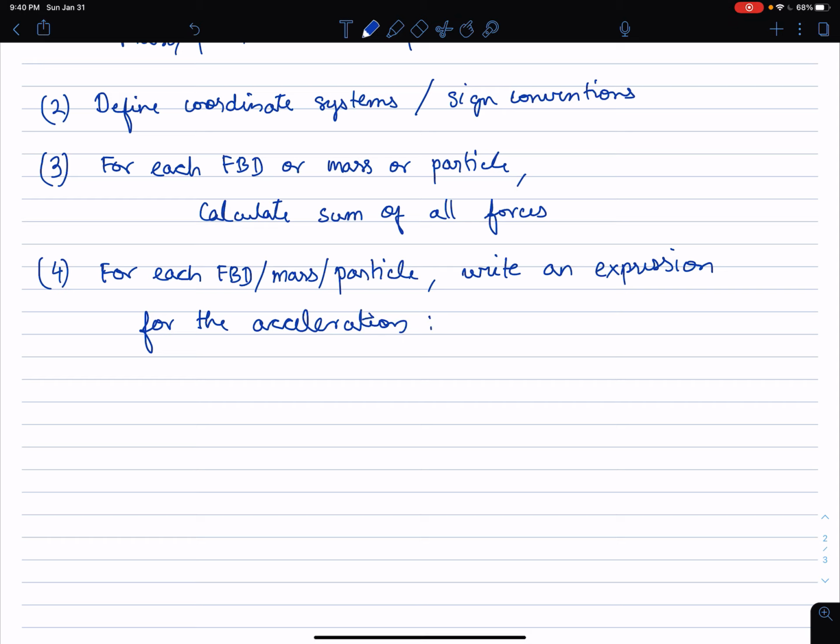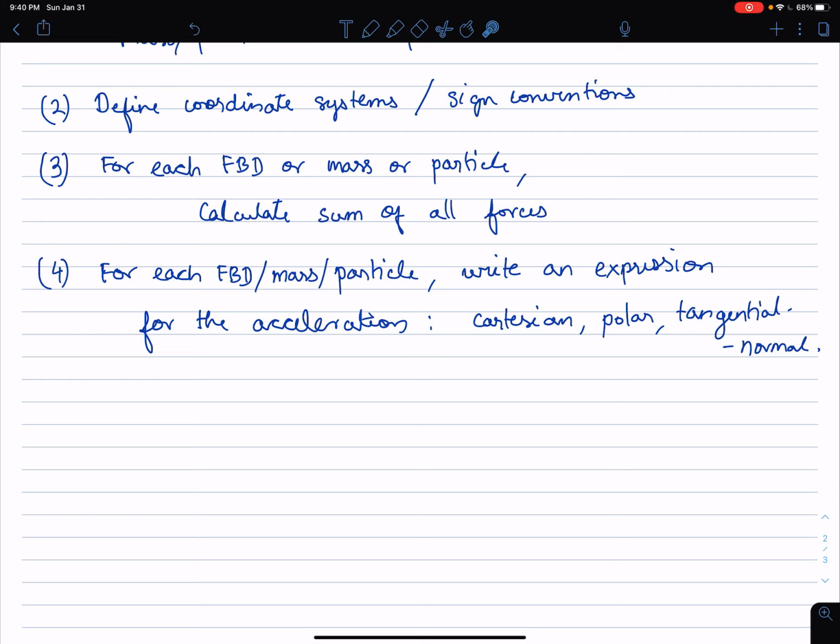And then here you have a choice. You can use Cartesian or polar or tangential normal. Depending on the problem, you may need to use one or more of these coordinate systems to actually write an expression for the acceleration.